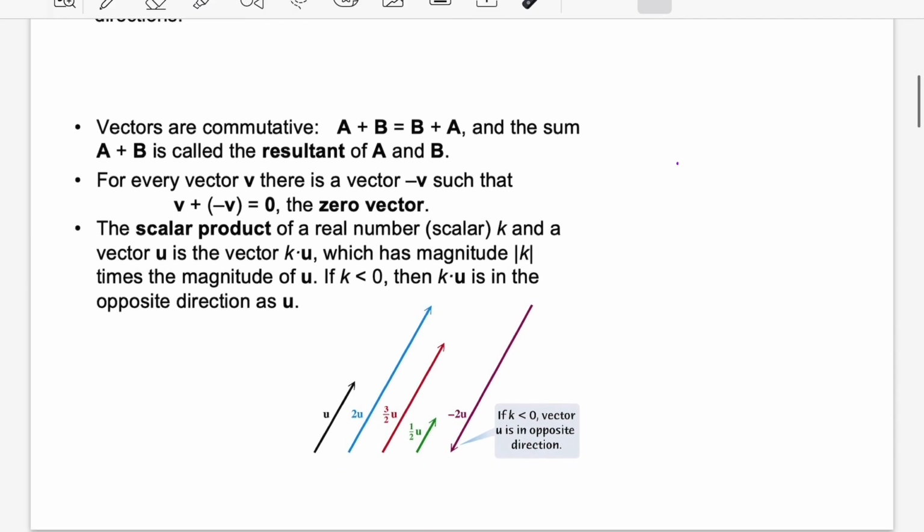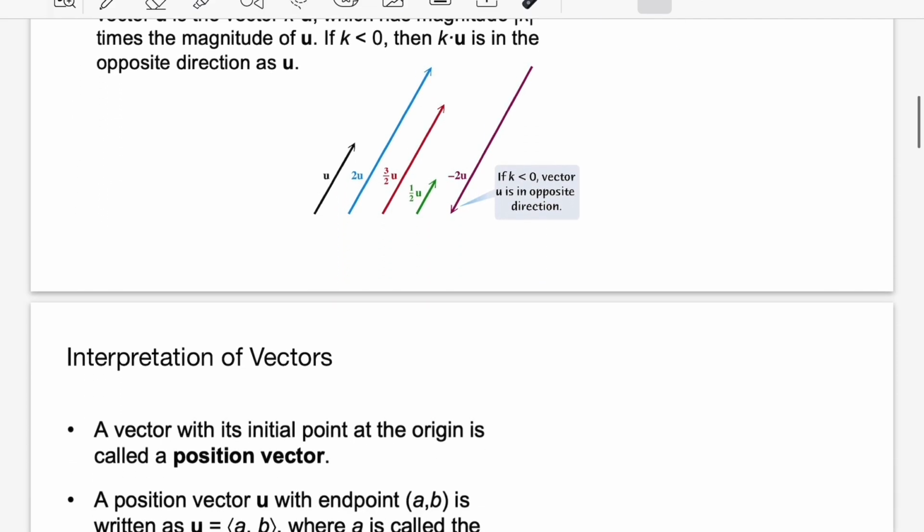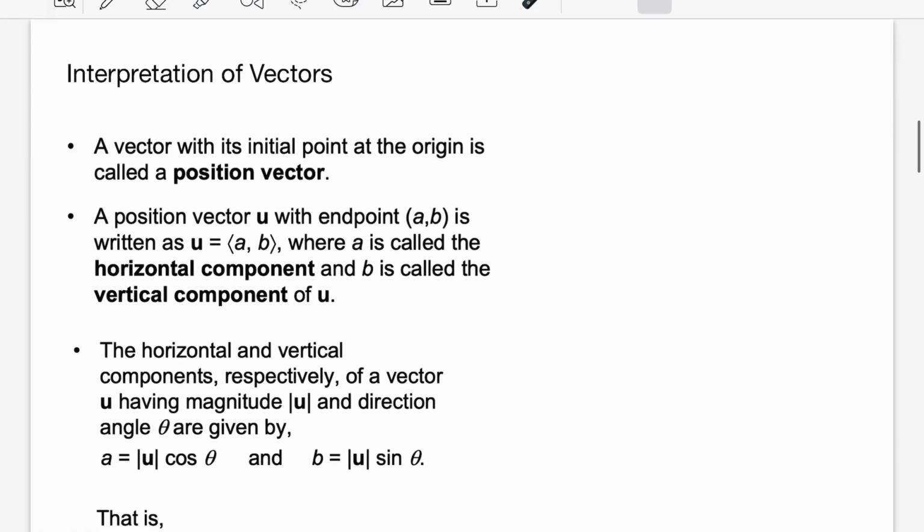All right. Now we're going to move on to our interpretation of vectors here. So a vector with its initial point at the origin is going to be called a position vector. Now a position vector u with endpoint a comma b here is going to be written as this here, where a is going to be the horizontal component and b is the vertical component of u.